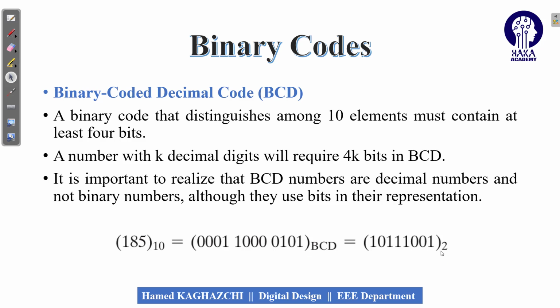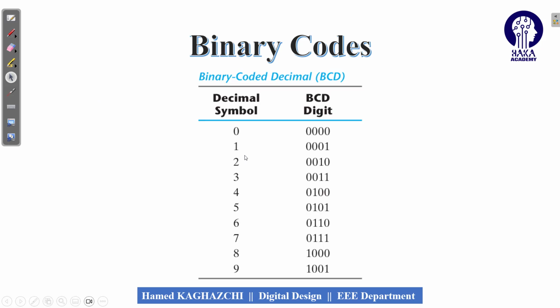The binary of this number 185 is this. How could we find this binary? We talked about that. We said that if I divide 185 by 2, I can find this number. But this BCD code comes from the concept of this binary table that you can see here.